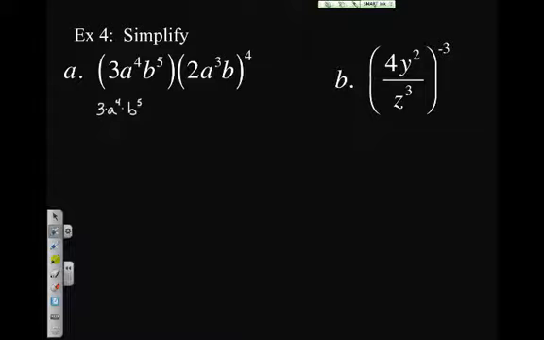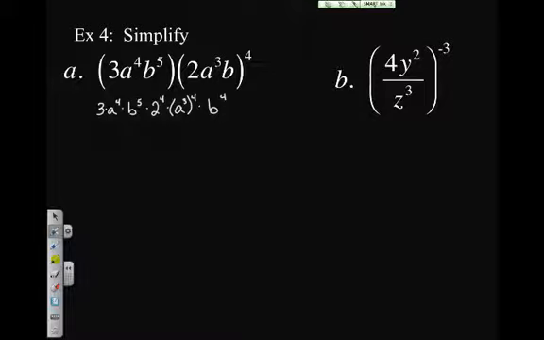So remember our rule that says when you have powers of a power, that power, in this case of 4, applies to each thing inside of that parentheses. So we're going to have 2 to the 4th power, a cubed raised to the 4th power, and b to the 4th power.